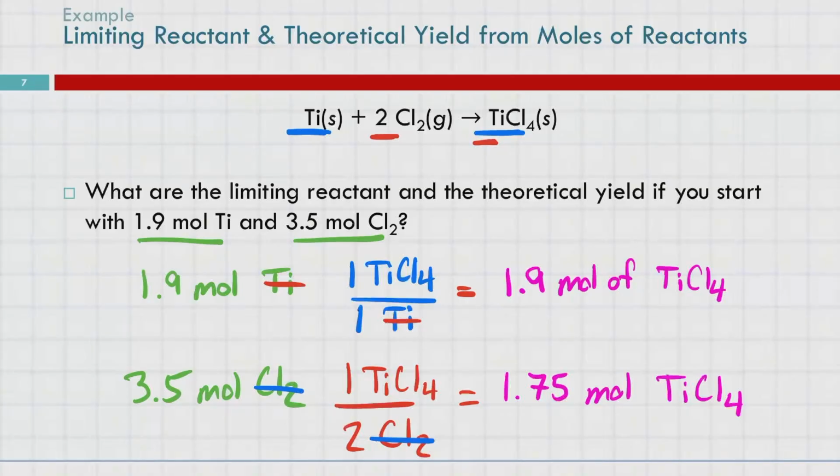So what does that mean that we got 1.75 moles? Can anyone interpret that? It's our limiting reactant. Why is it our limiting reactant? It's the smaller of the two. It's the one we can make less product.